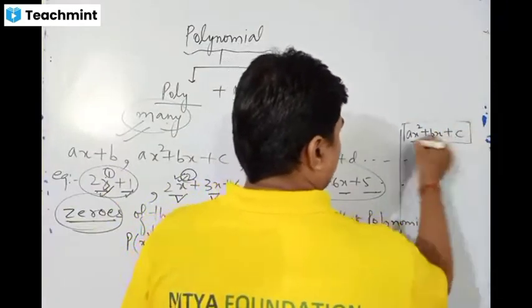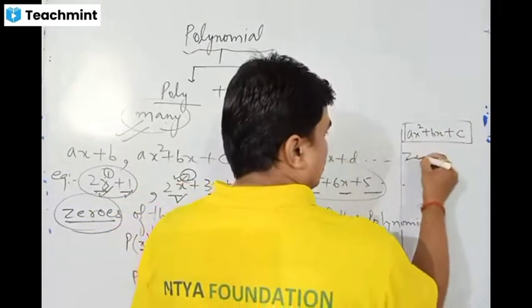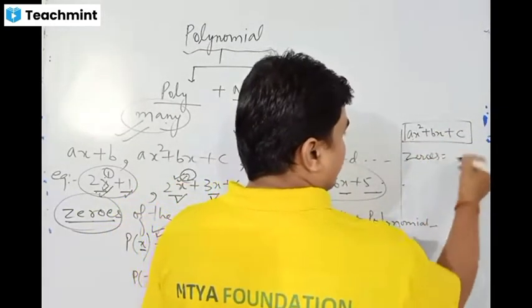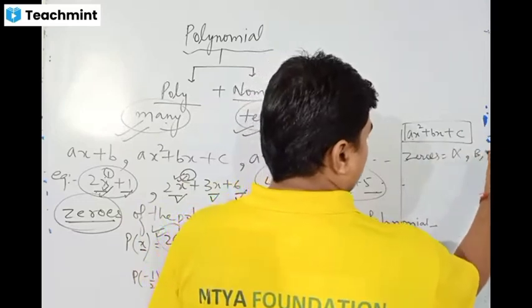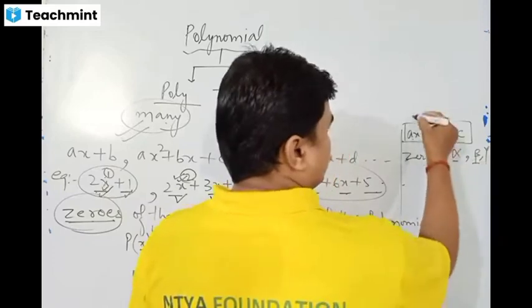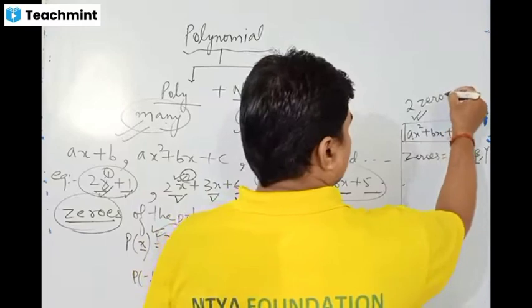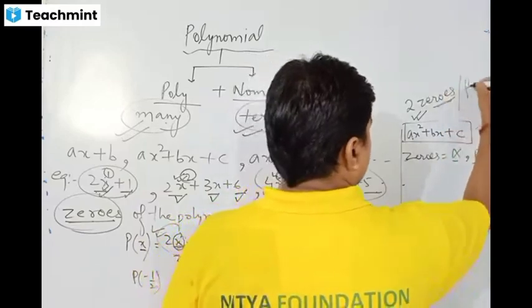This is the expression of a quadratic polynomial. For zeros, we will use variables like alpha, beta, or gamma. For example, alpha and beta, since this is a quadratic polynomial, only two zeros will be required here. Two zeros means two factors will be required here.